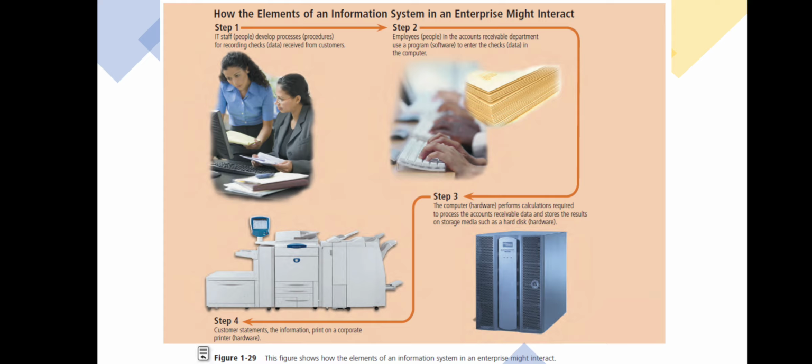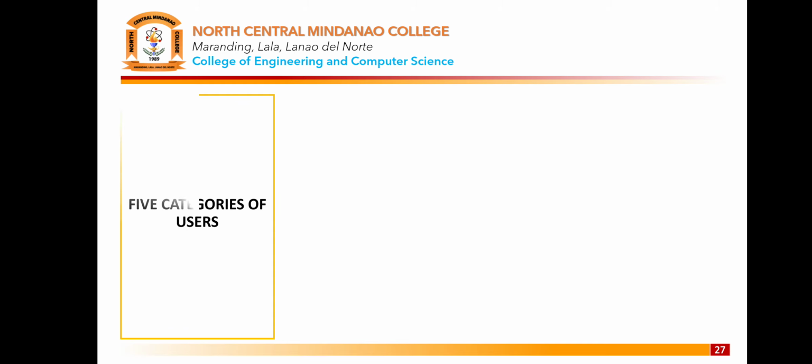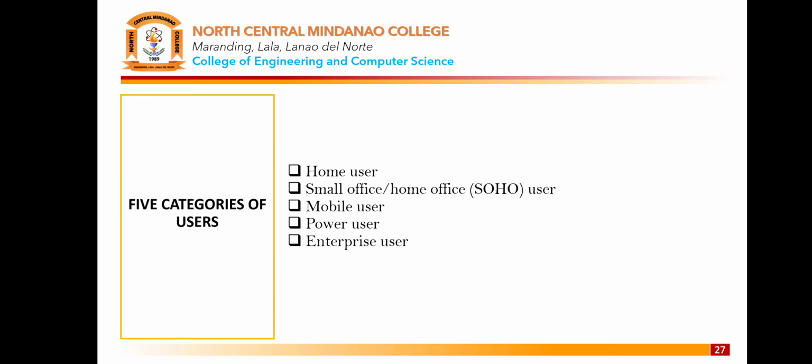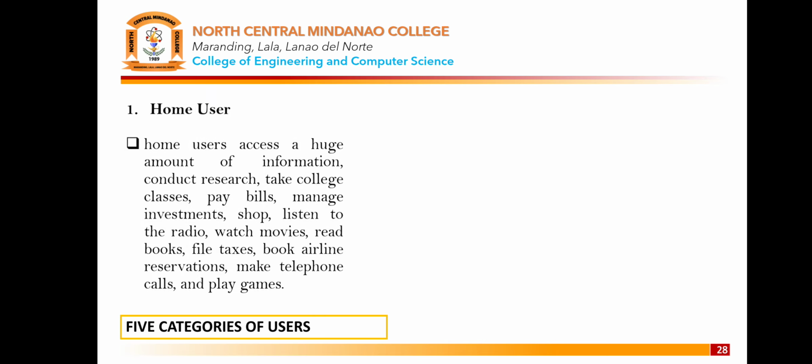So, as an example of computer usage, since people are involved, we're going to discuss here the five categories of users. Firstly, we have the home user. Home users access a large amount of information. They conduct research, take college classes, pay bills, manage investments, shop, listen to radio, watch movies, read books, and so on.